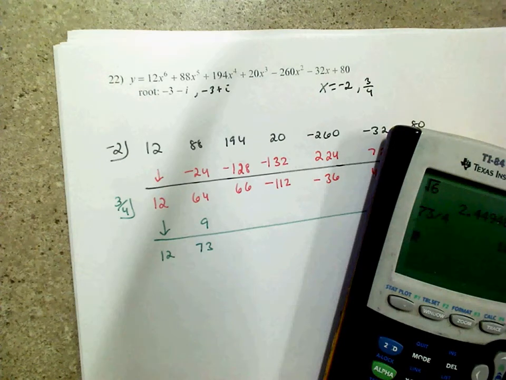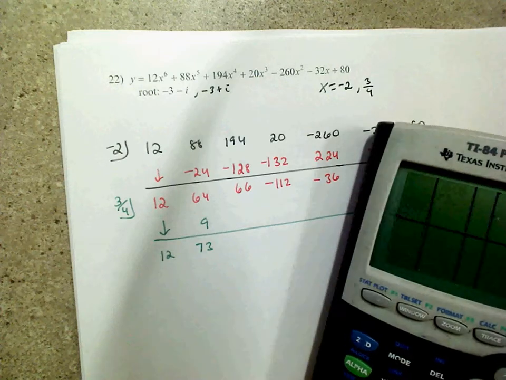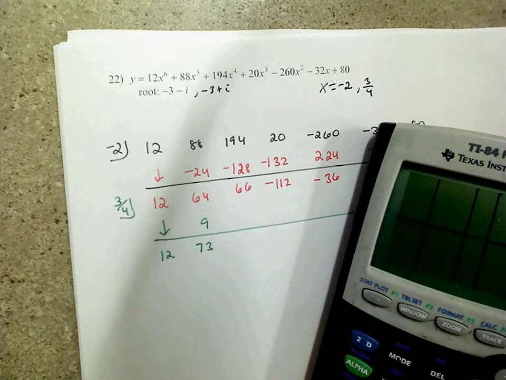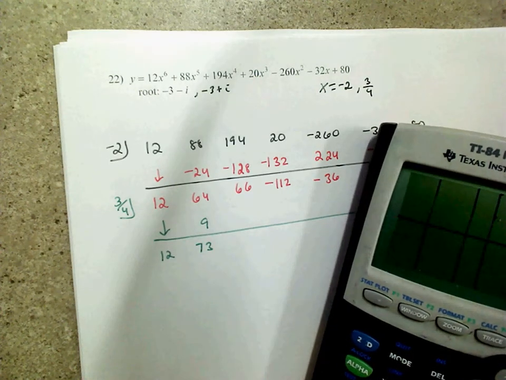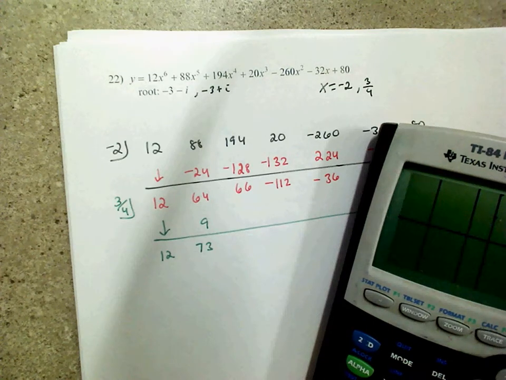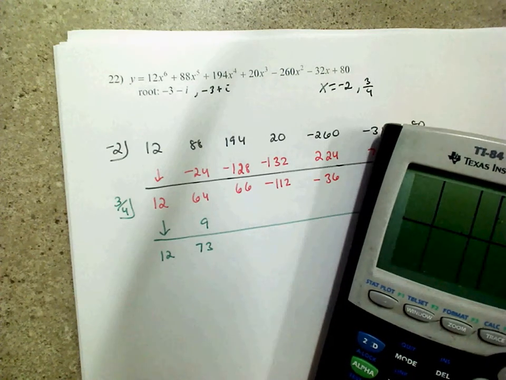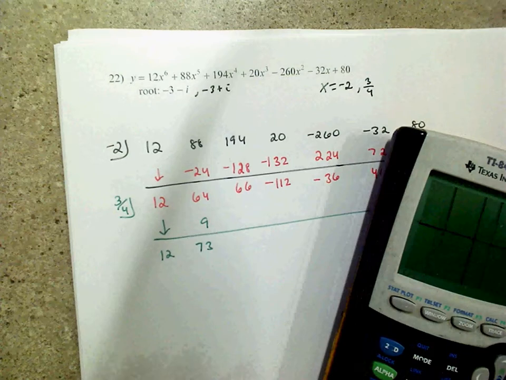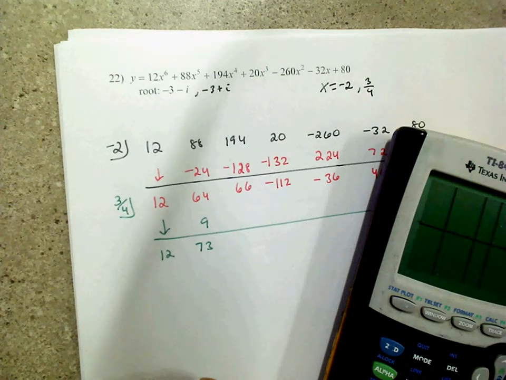Interesting, interesting. Look at the graph. 64 plus 9 is 73. 73 does not divide by 4, so that does not work.